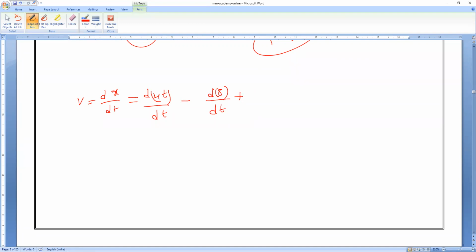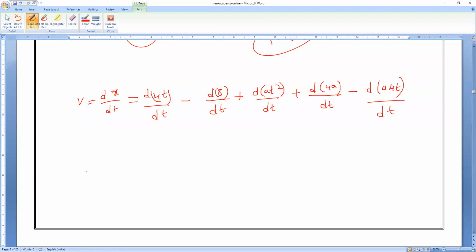You can split the form and write: d of a t square divided by dt, next plus d of 4a divided by dt, next minus d of 4a t divided by dt.